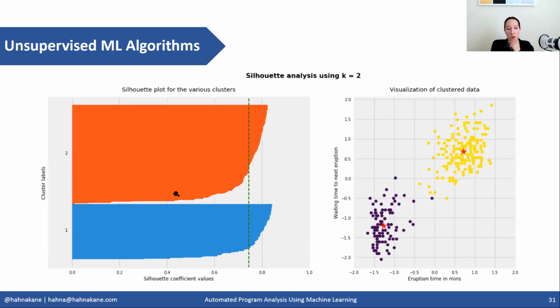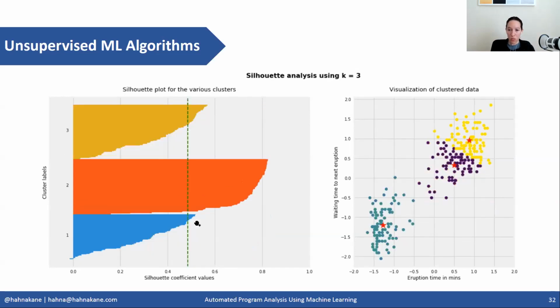The thickness of the cluster labels here helps to reflect the magnitude or size of your cluster. You don't want them to be too big, as you see here. You want the thickness between each silhouette cluster to be well balanced.